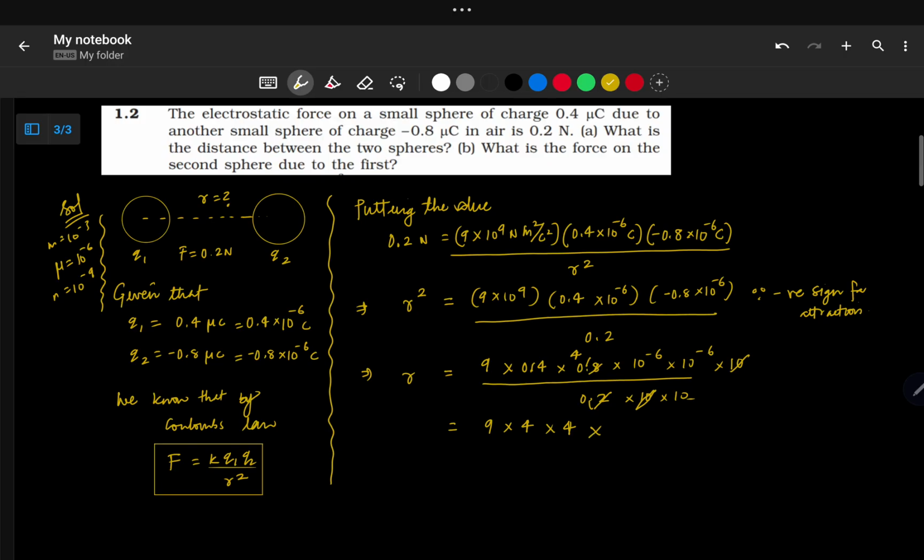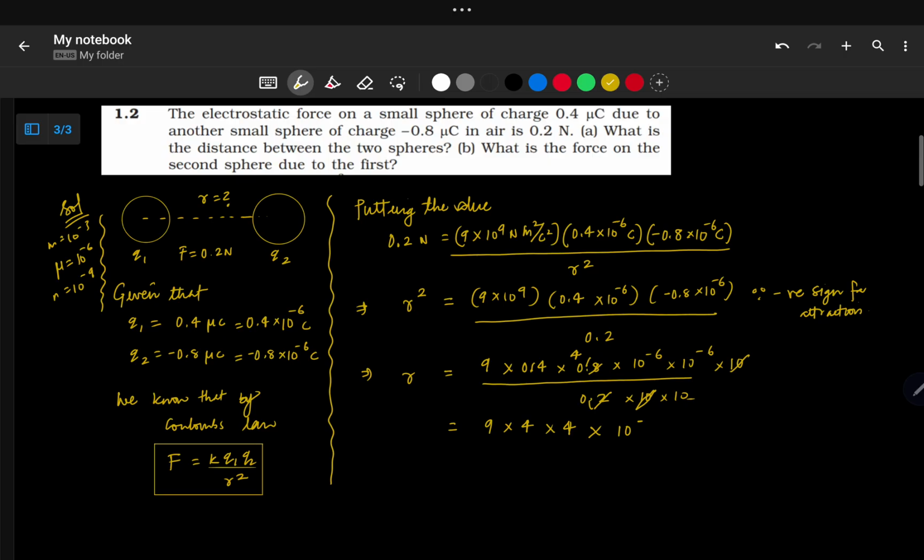Then this whole thing is going to be 9 into 4 into 4 into 10 to the power minus 12, and the 10 that we have below, that is remaining, is going to be 10 to the power minus 12.